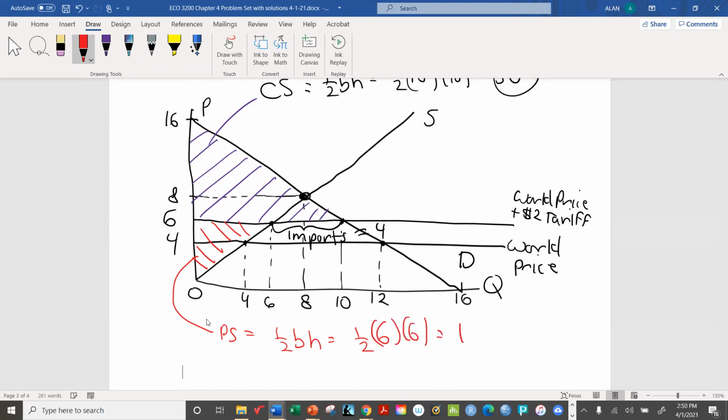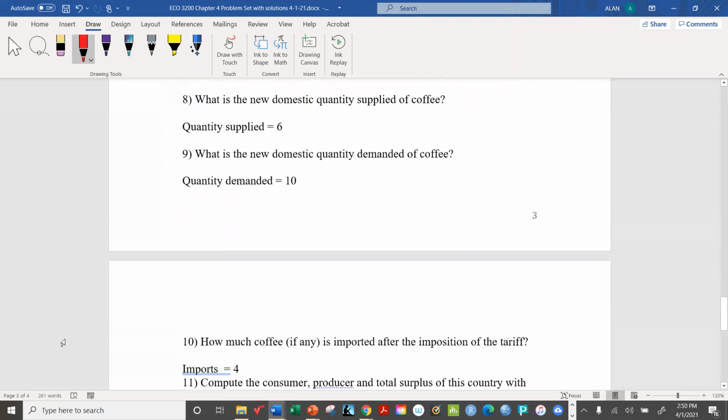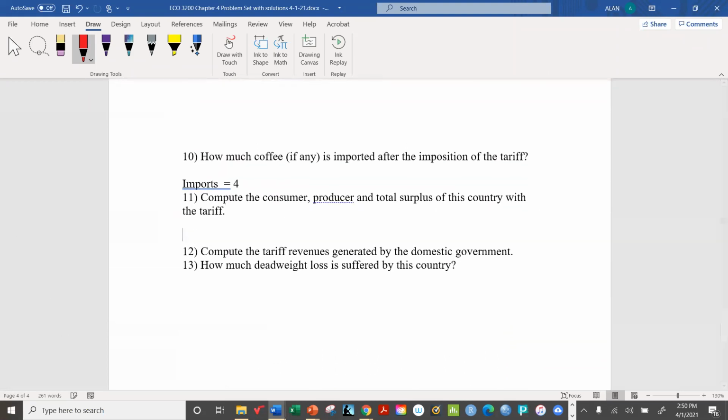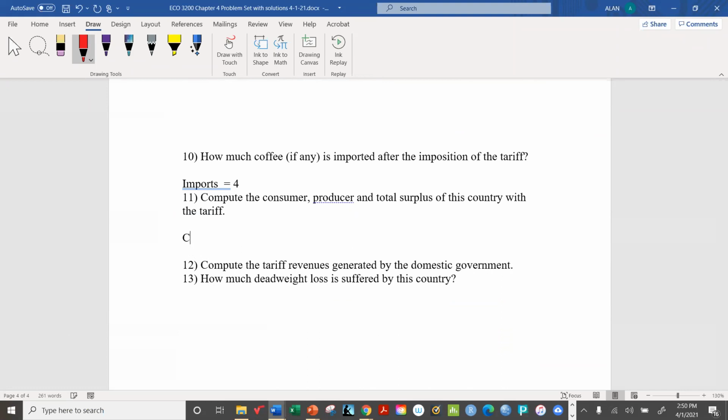And so we have 18, which still isn't a lot, but it's better than before. All right, so now why don't we bring these together and compare them. So the new consumer surplus is 50. The new producer surplus is 18.